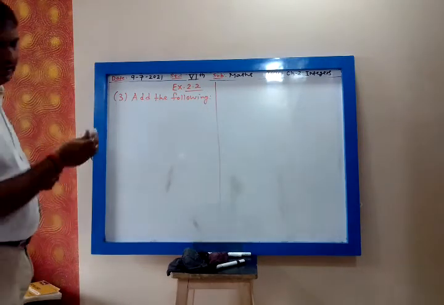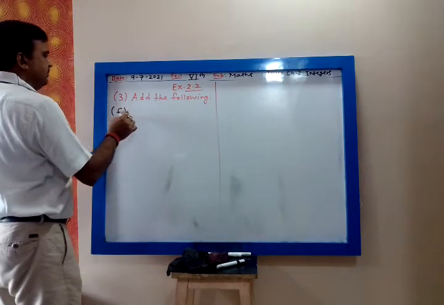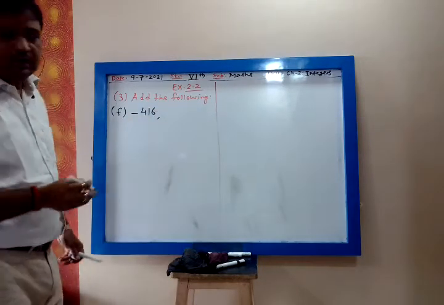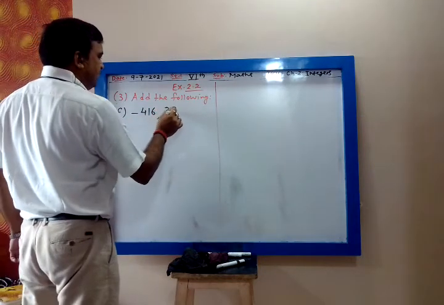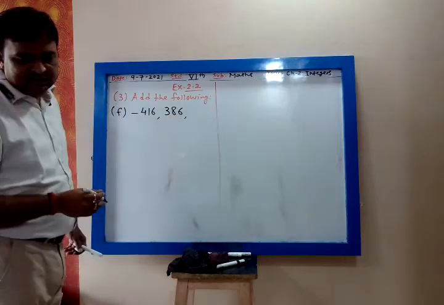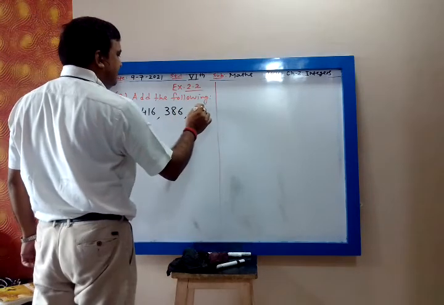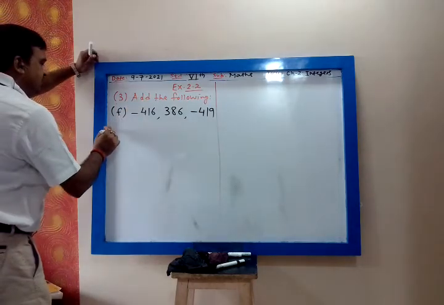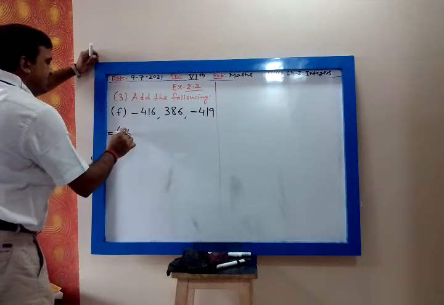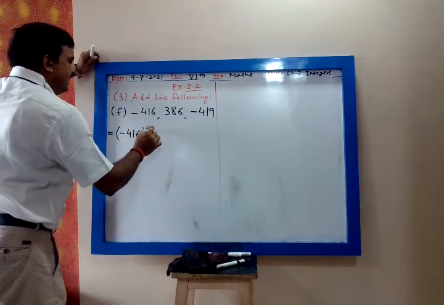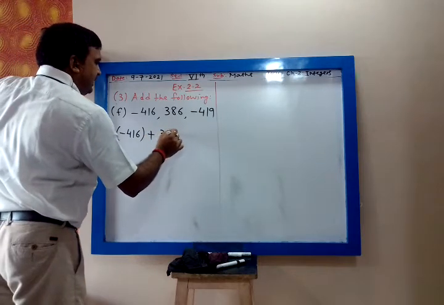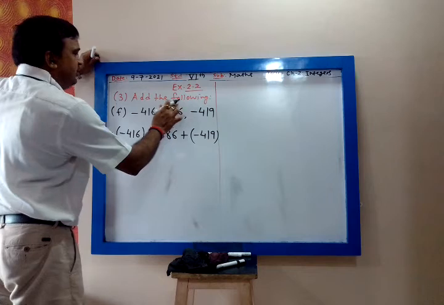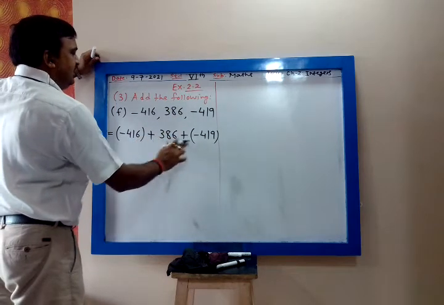Now F is minus 416, comma 386, and minus 419. We have to add this number. Add the following means you have to write down a plus sign between them. So minus 416 plus 386, then plus minus 419.